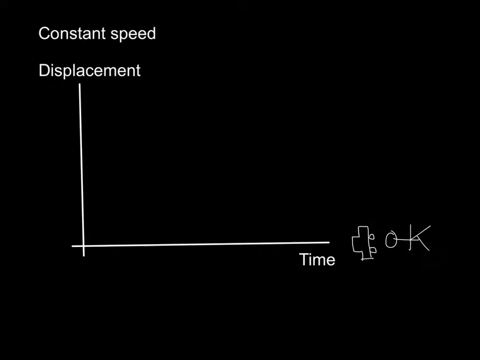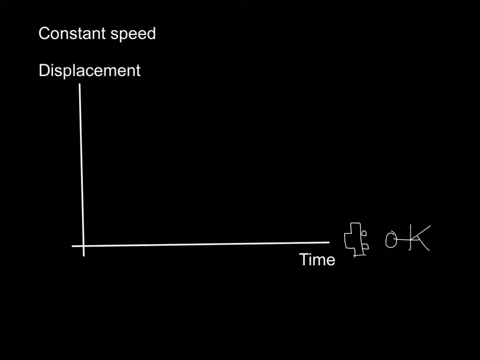So you start your timer, and then your timer is set at 0, the car is right here, and then after 1 second the car is here, and then after 2 seconds the car is here, 3 seconds the car is here, and so on. So that the car moves the same amount of distance every second. And I would like to plot this thing. Now, when something moves the same amount of distance every second, we say that its speed is constant. So basically we have a car that's going at a constant speed.